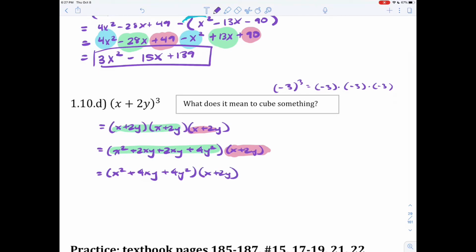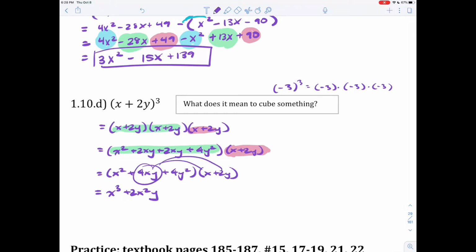And we're not done because we haven't fully expanded and simplified. So now we go back to our polynomial operation of multiplying higher order polynomials, meaning that each of these terms will multiply each of these terms. Everything in the trinomial is multiplying everything in the binomial. Taking x squared and multiplying it by those two, we'll get x cubed plus 2x squared y.